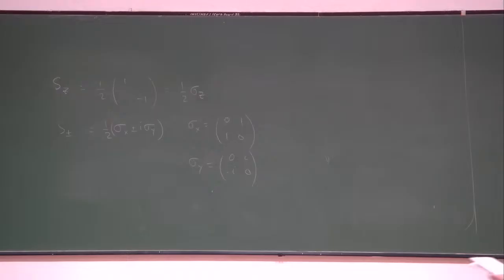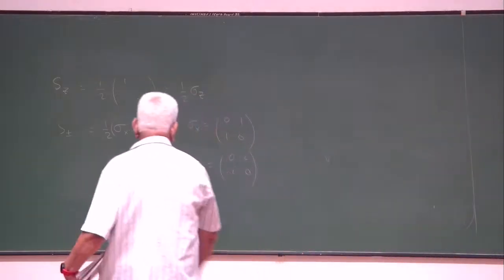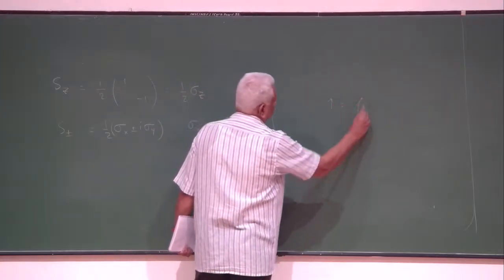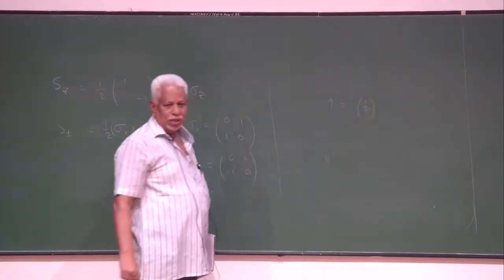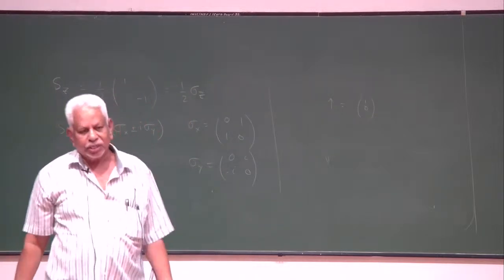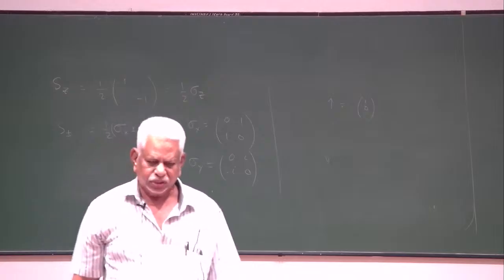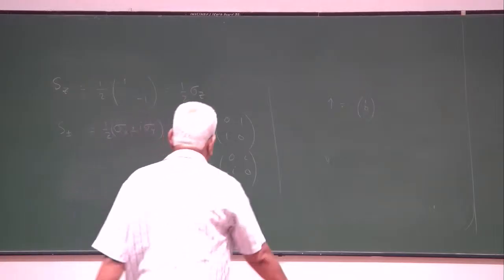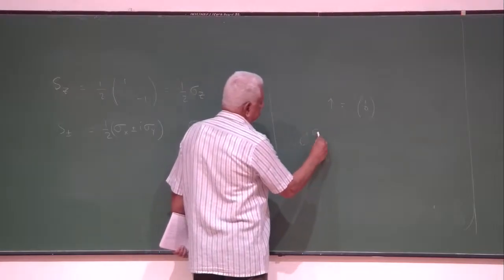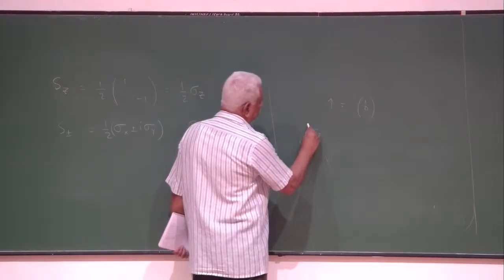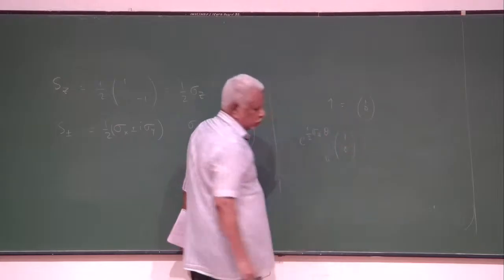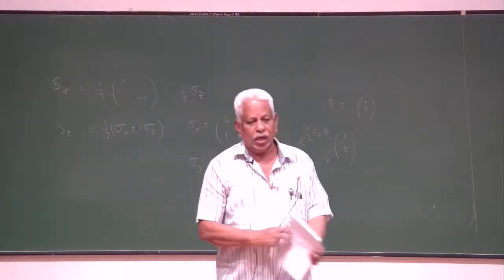The fundamental difference is the following. You start with some spin up state, 1 0. If you are rotating about the z axis, the generator for that is sigma z by 2.